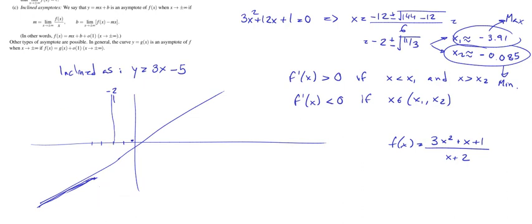So you can see the concavity, so this is a function that's going to be concave on the left of the asymptote, and then it's going to be convex on the right of the asymptote, right? And this is the function 3x minus 5, right? So this is what the function looks like, more or less.